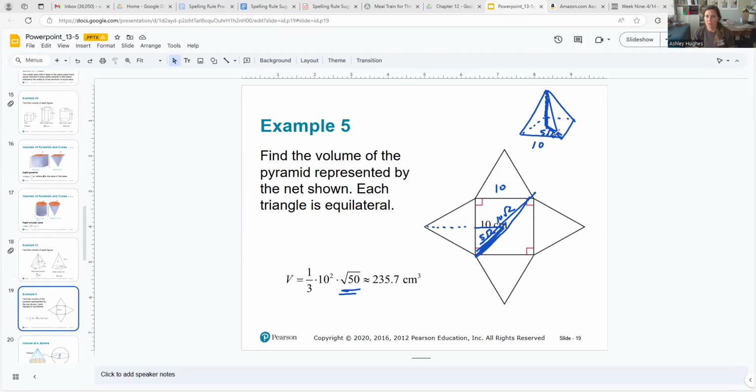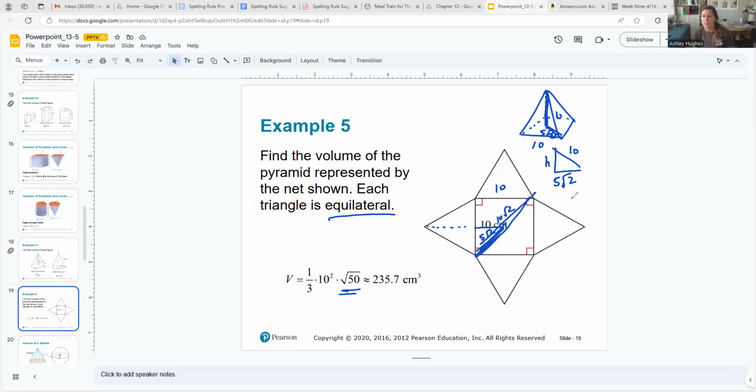That's 5 root 2. And then, oh, the triangle is equilateral. So then this is 10. Okay, so I have 5 root 2 and I have 10, and I want to find this height right here.